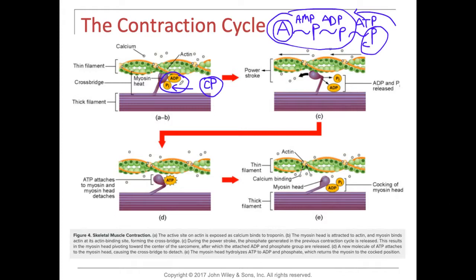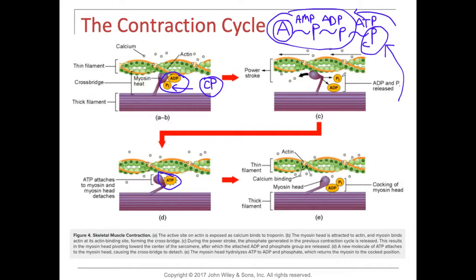All right, but when you have lots of energy and storage, your body is going to keep ADP with CP next to it. You see it here, ADP and phosphate right next to it. Now, what did I say is needed to detach the myosin head from actin? ATP. You need energy for that detachment. So where did this ATP come from? Right here.